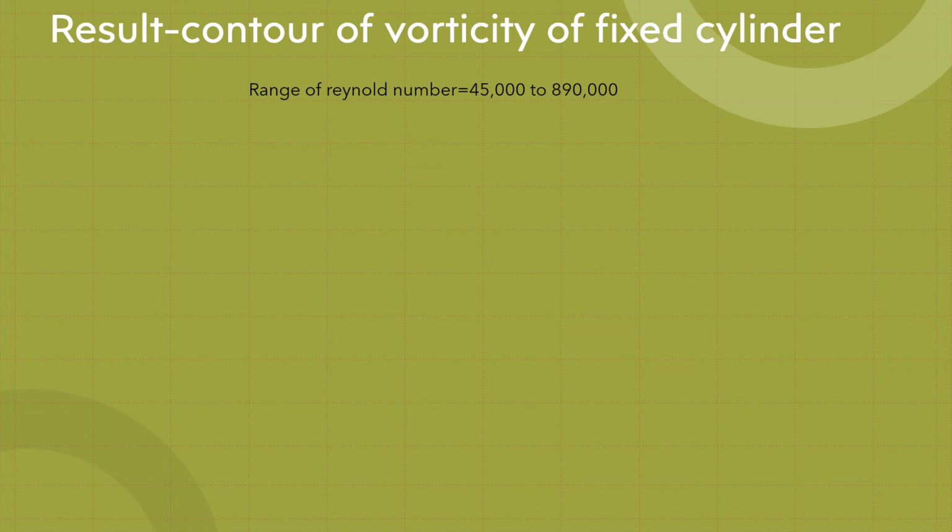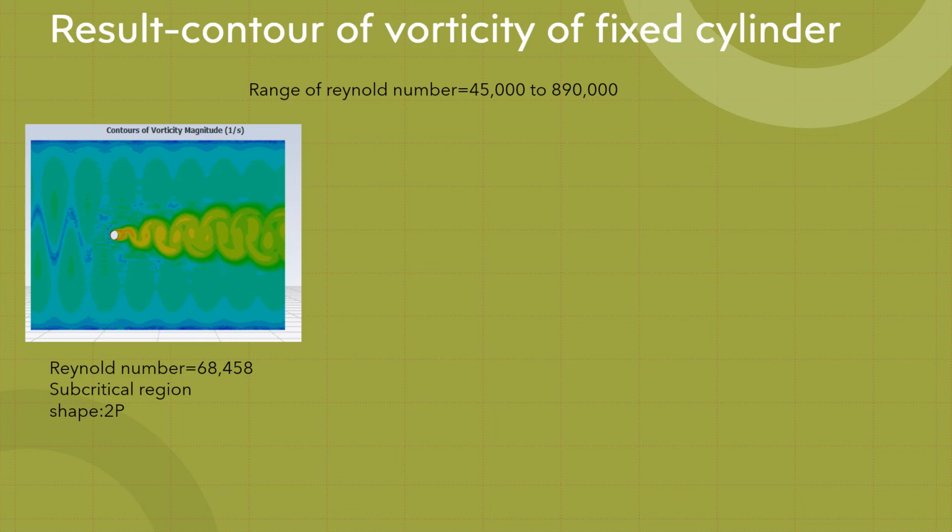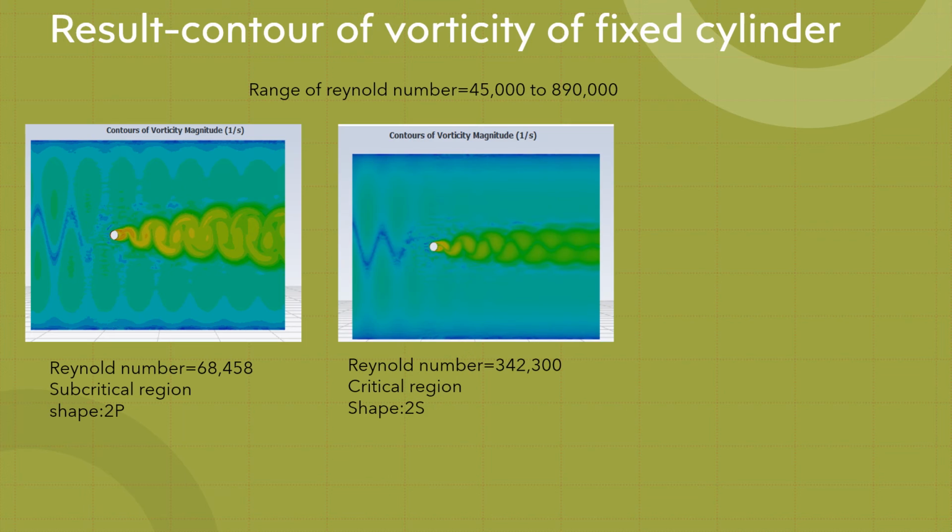So now I'll explain the vorticity contour of the fixed cylinder. The range of Reynolds number tested for the fixed cylinder is from 45,000 to 890,000. At first, when the Reynolds number is around 6800 and in the subcritical region, the shape of the vortex is 2P.